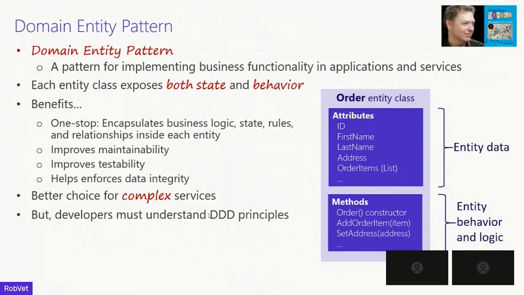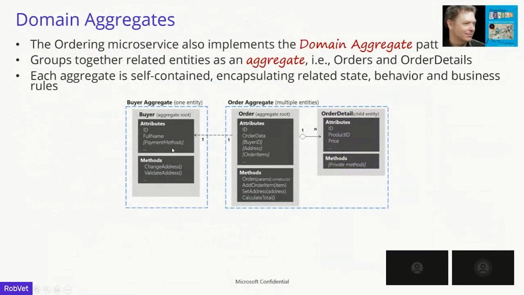The other pattern that we see a lot is called the domain aggregate pattern. Again, what does that pretty much mean? That pretty much means that we take all of the related entities and we group them together into something called an aggregate. So here's an order aggregate. Again, this is a logical container, if you will, that contains the order class and the order detail class.